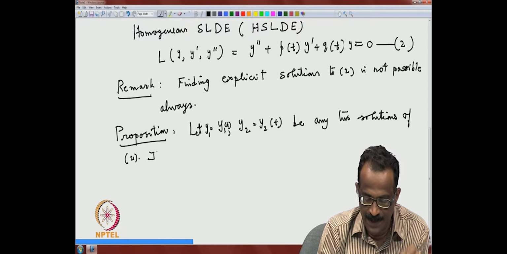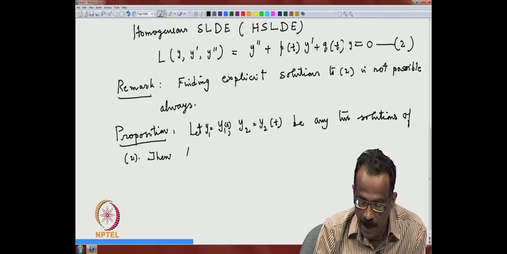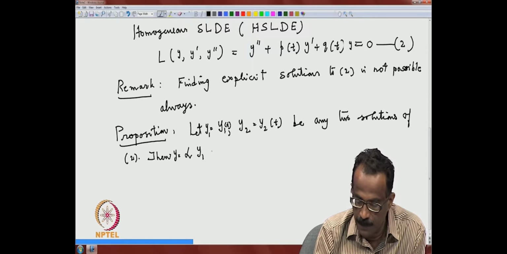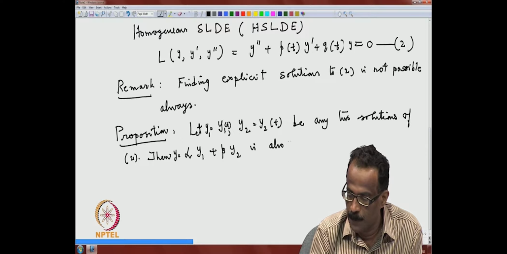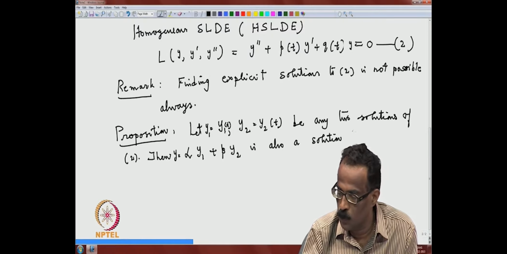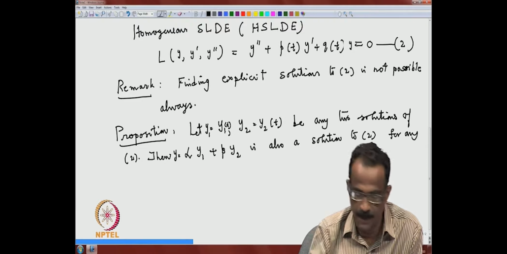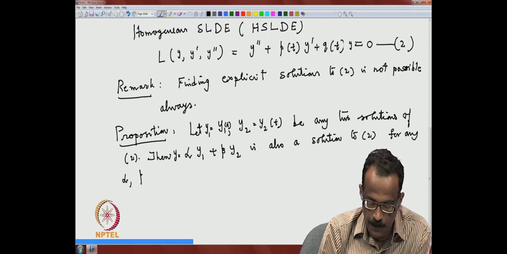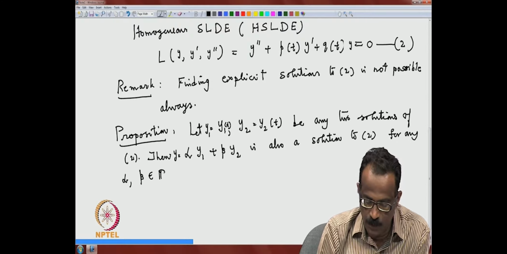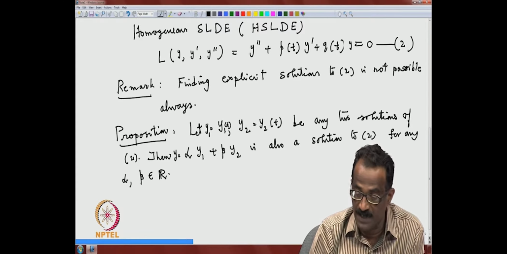This is not the initial condition. Then this is nothing but the superposition principle which I already explained: alpha y1 plus beta y2 is also a solution to 2 for any scalars alpha, beta belonging to R. This is the superposition principle which we already proved, but the converse is also true in some sense.